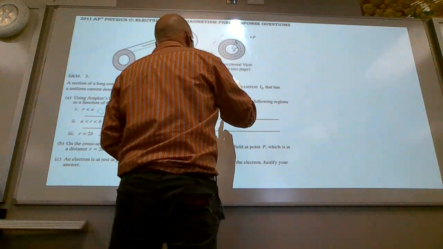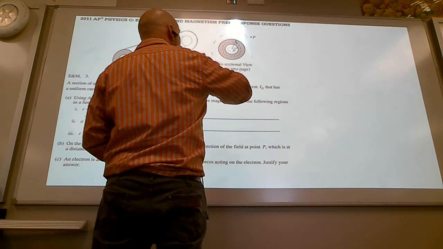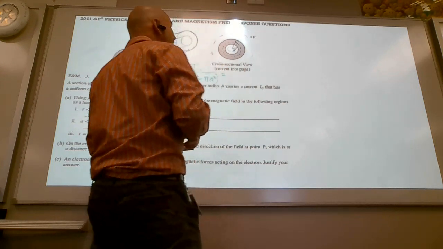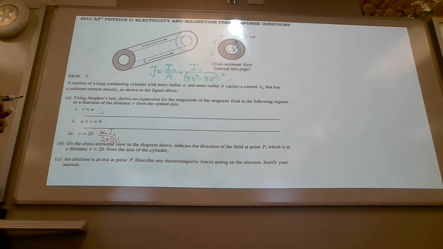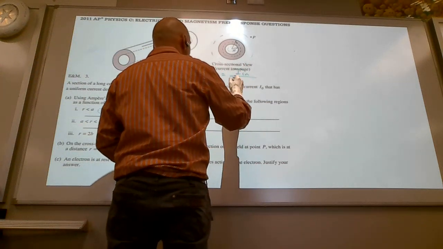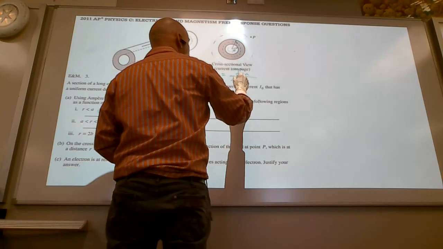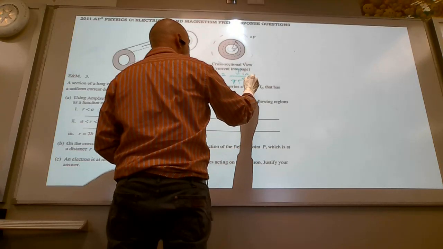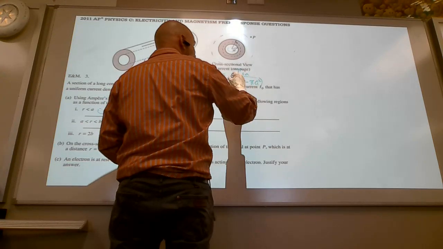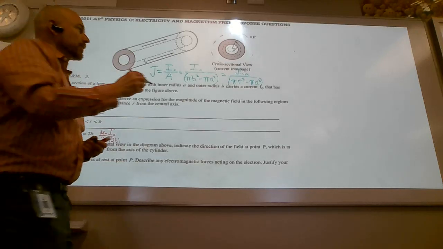Do I want to integrate this, or can I just do a ratio here? I think I can do a ratio. So current enclosed is equal to pi r squared minus pi a squared, because it has a uniform current density. So I can just straight up do that.